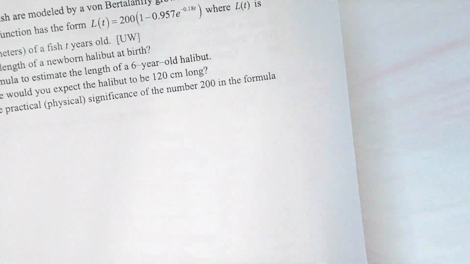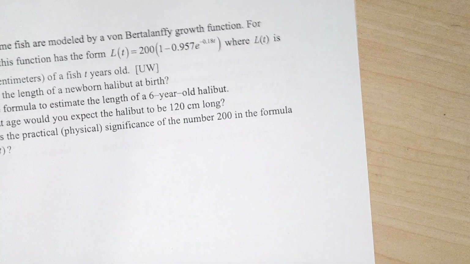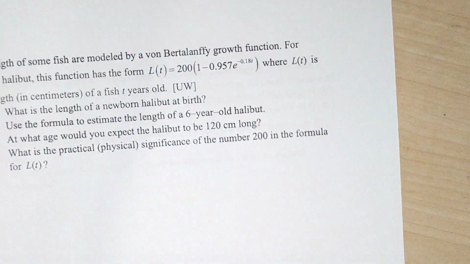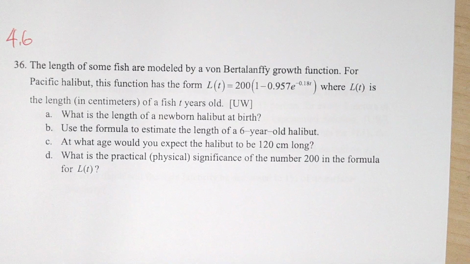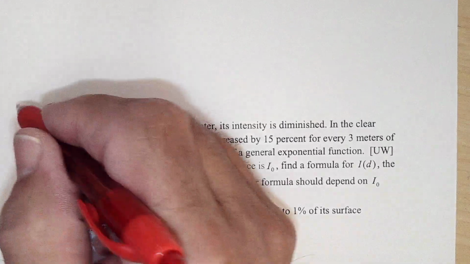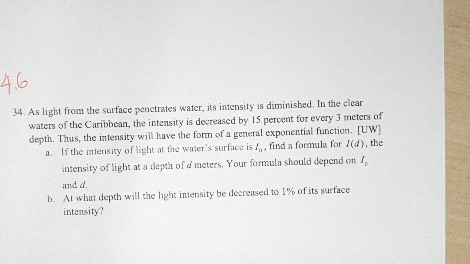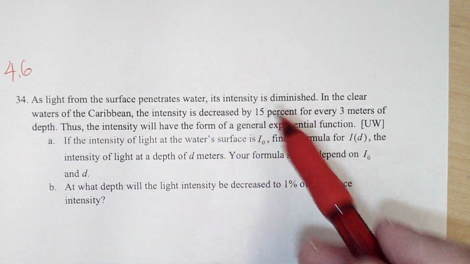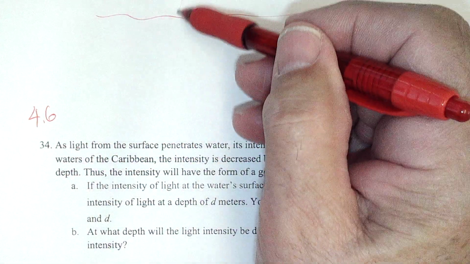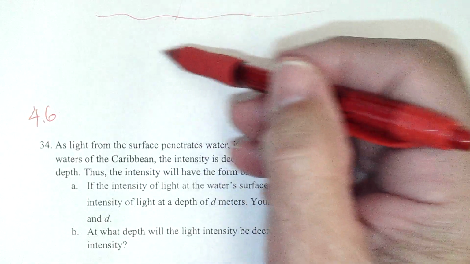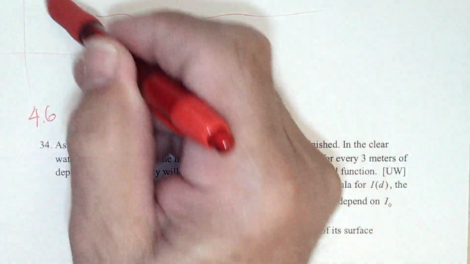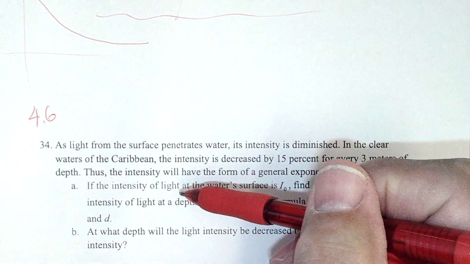All right, just a couple more. In 4.6, let's see, I do 34. Let's do 34 first. The light, as it goes into water, the water, if it's dirty, the light intensity will go off pretty fast.